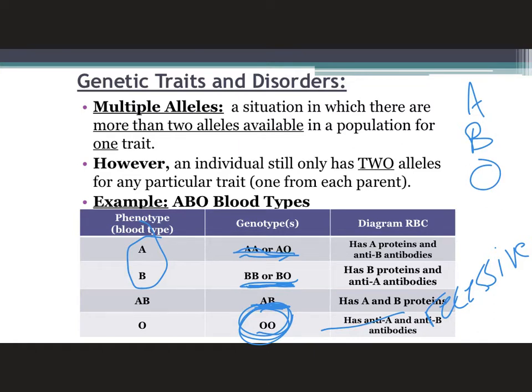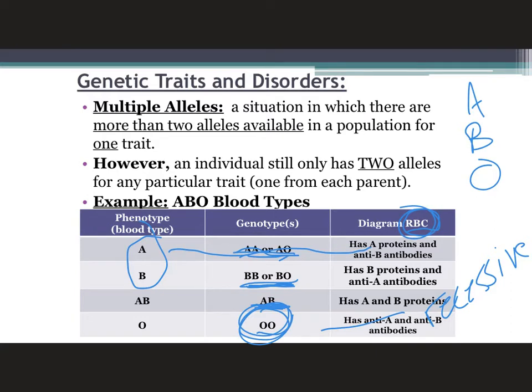Now, the diagram of RBCs, if you remember, is red blood cells. Your actual blood type is just a determination of what proteins are on your red blood cells. So if you're type A, you have A proteins. Simple, right? Now, the antibodies are the parts of your blood in the plasma that are supposed to find things that are not supposed to be in your system.